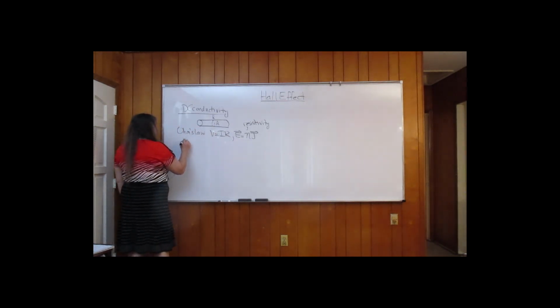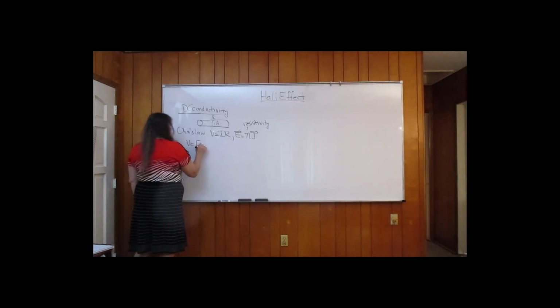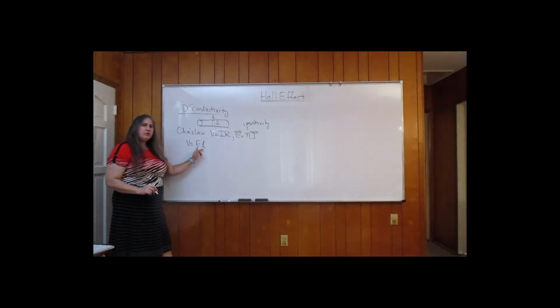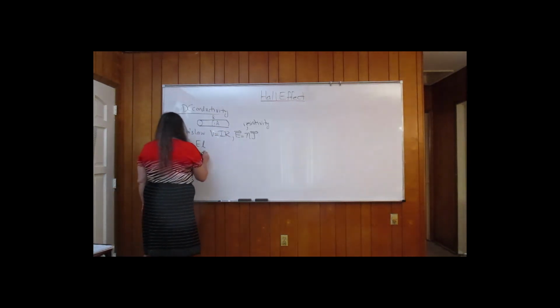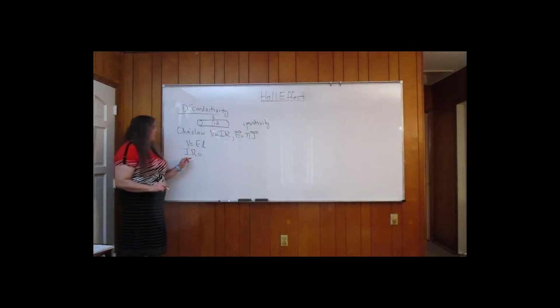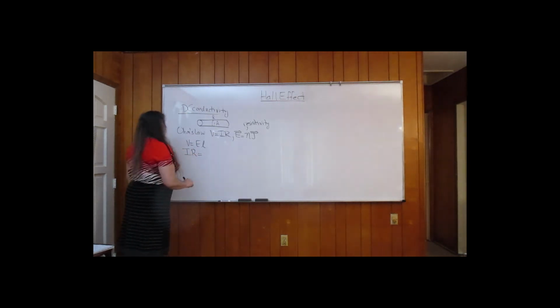I'm going to observe, first of all, that the voltage drop across this wire is equal to the electric field times the length of the wire. And I'm going to make use of Ohm's law on the left-hand side. That's just equal to current times resistance.